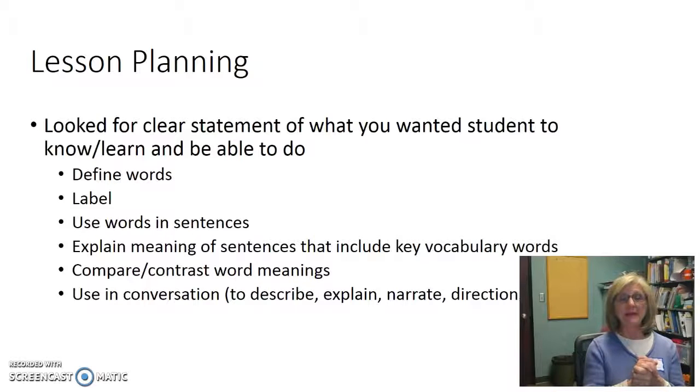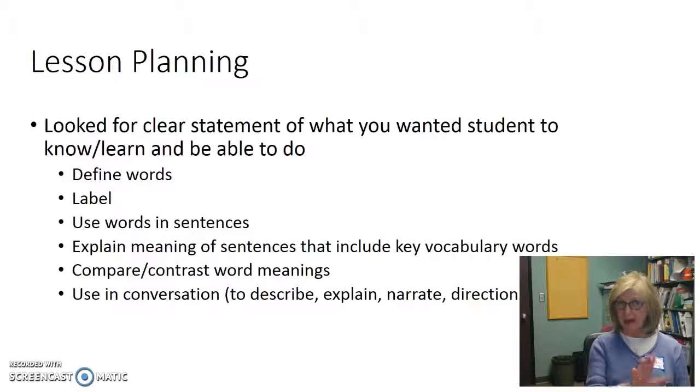And so some things that you all did and some other ideas that you might use for vocabulary. The first one is maybe your goal is for them to be able to define words. A couple of you had lessons where your lesson objective was that students can define words.